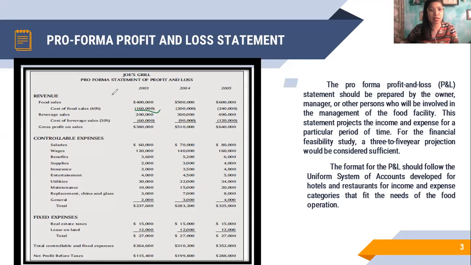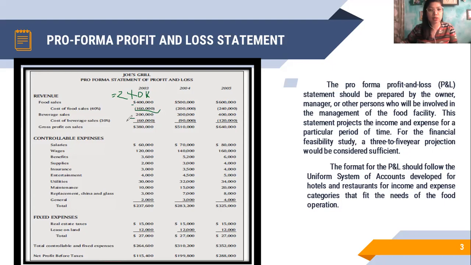So the total is, you need to have the difference. So that's 240K. Okay, 240K rather. And then you need to have the difference between 200,000 minus 60,000.